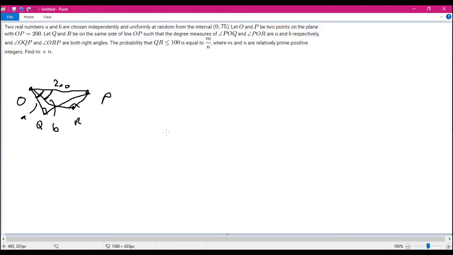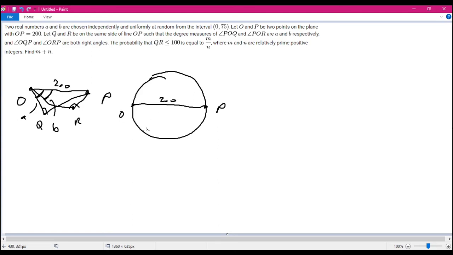Well, the first thing that should immediately come to mind is that O and P are the same base, and Q and R both make right angles with O and P. So they must lie on a circle with OP as the diameter, since they make right angles.